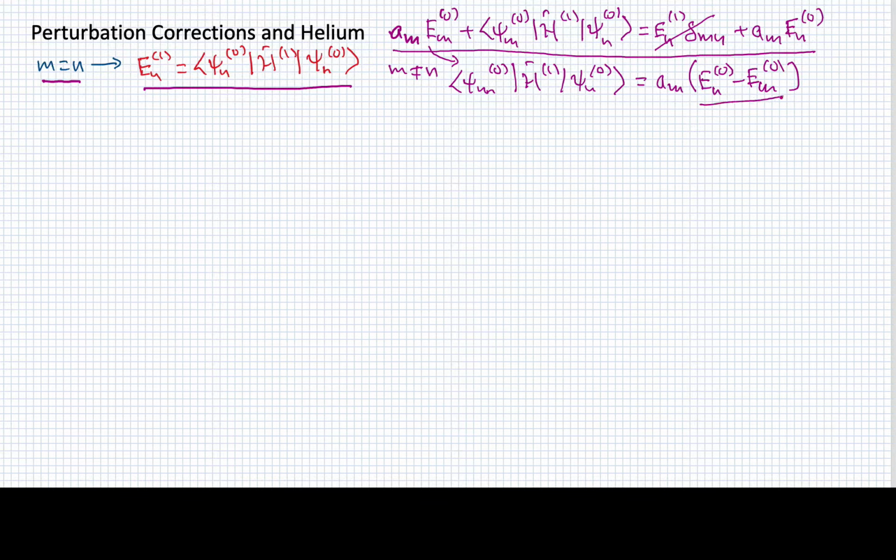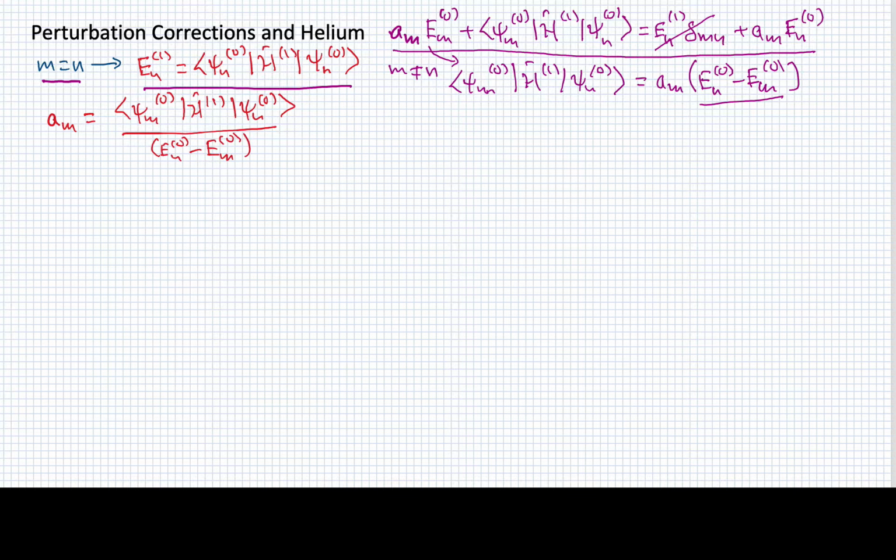Now if I divide both sides of the equation by this, I'll end up getting an expression for those coefficients a sub m. So a sub m has got to be equal to psi m 0 h1 psi n 0, then divided by the difference in the zeroth order energies, en 0 minus em 0.